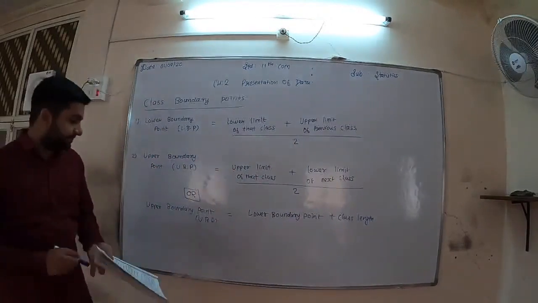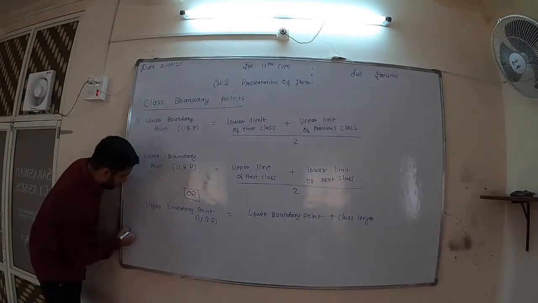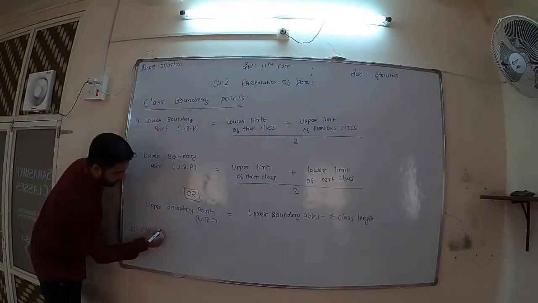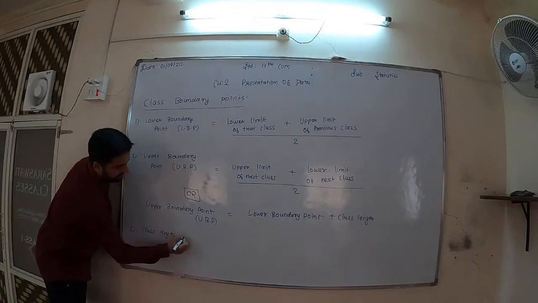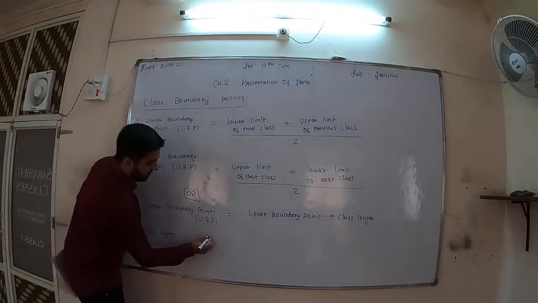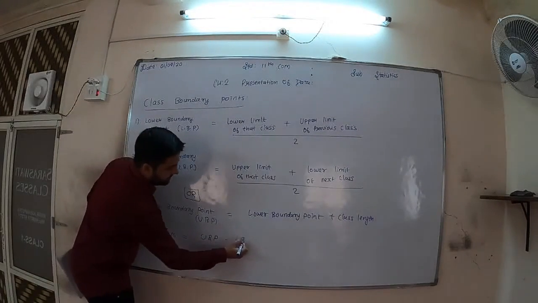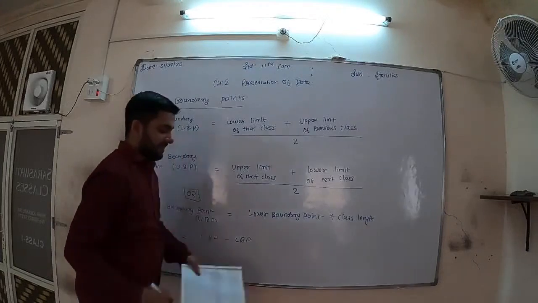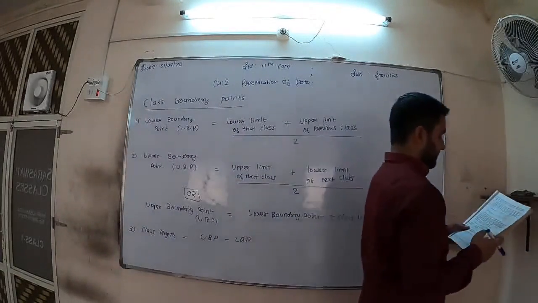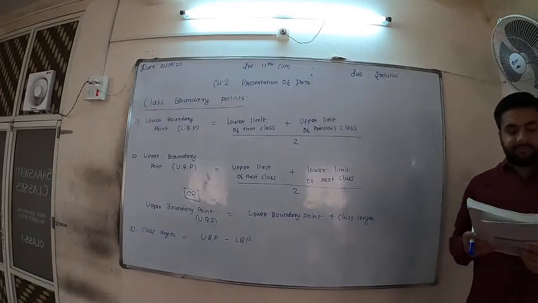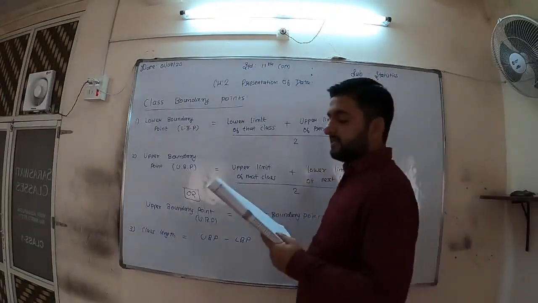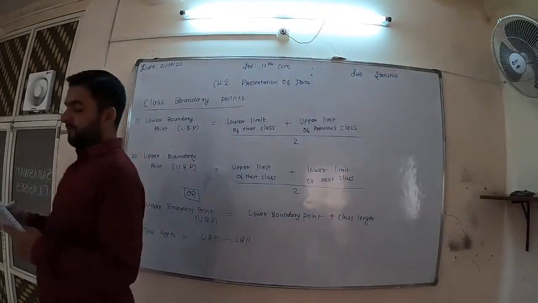Then again one more formula: class length is equal to upper boundary point minus lower boundary point, UBP minus LBP, in short. Then the average of class limits is called the midpoint or mid value of that class.